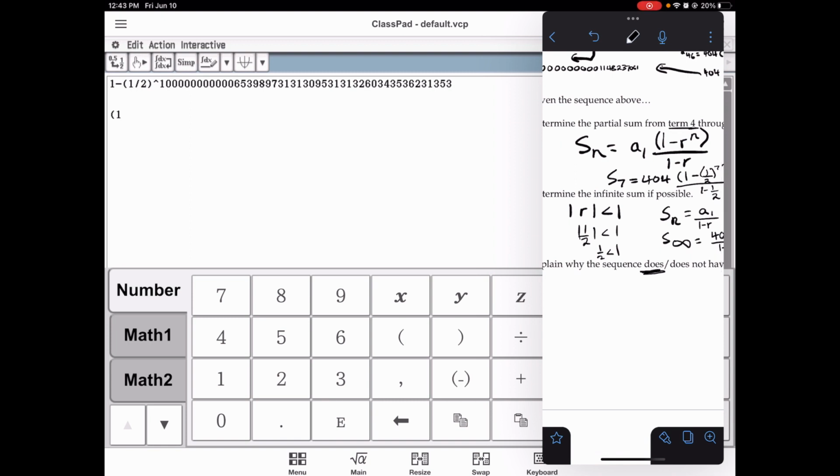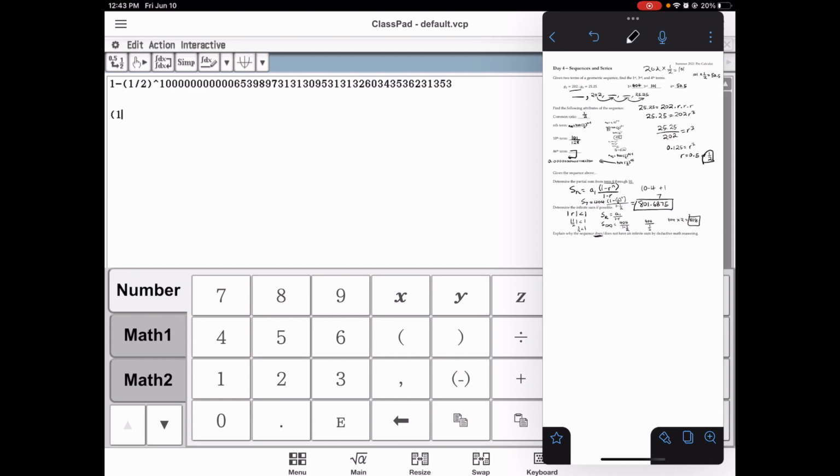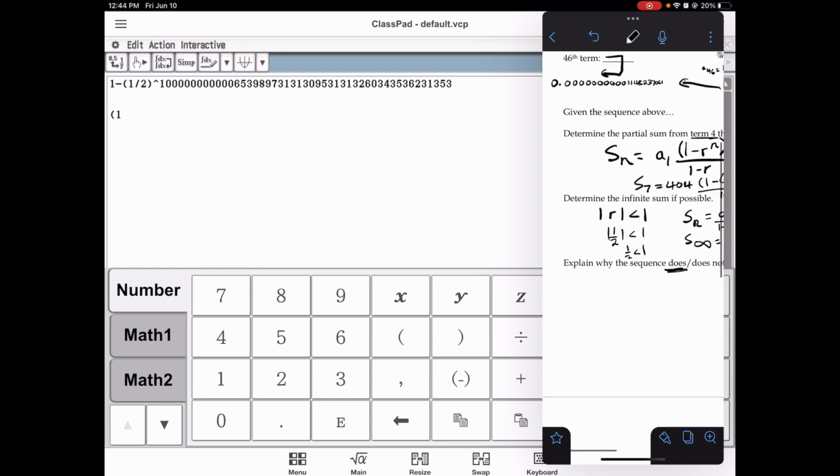Now, have you ever wondered why the absolute value of r has to be less than 1 for an infinite sum to even exist? That's because, let's look at the formula again.